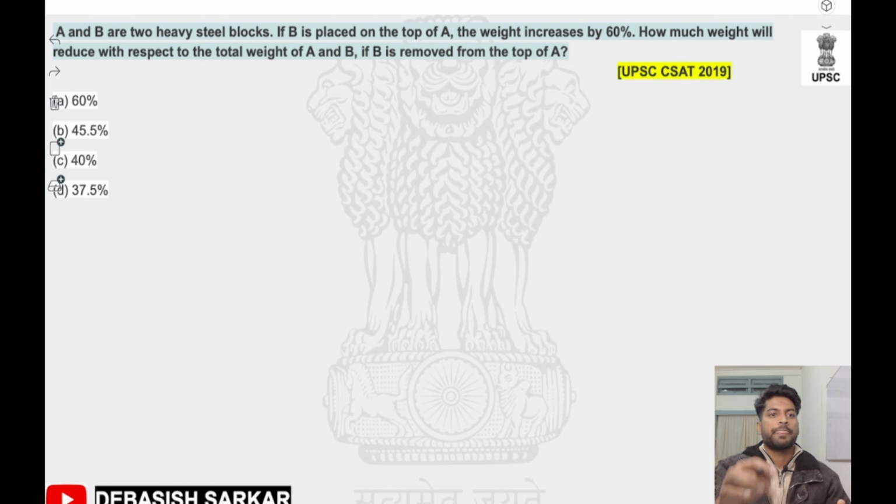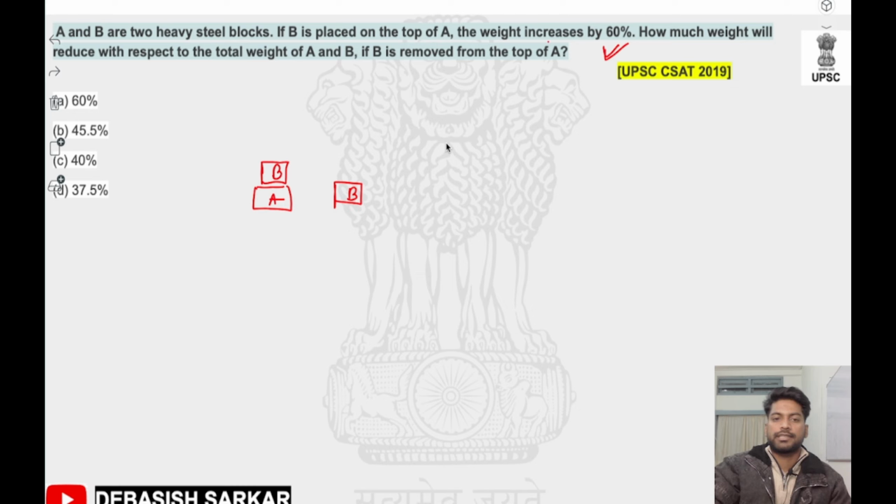Nice question. A and B are two heavy steel blocks. देखो, A is a steel block and B is also a steel block, like that. Okay, B is placed on the top of A. देखो, B को ना ऊपर रख दिया है. Okay, and the weight increased by 60%.